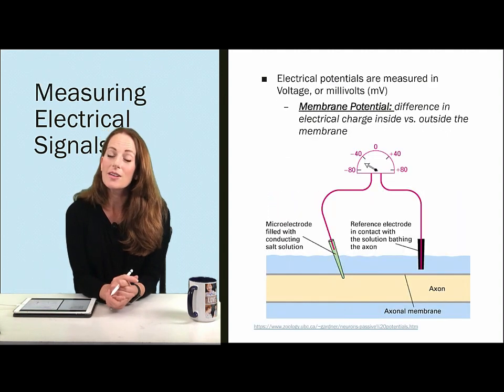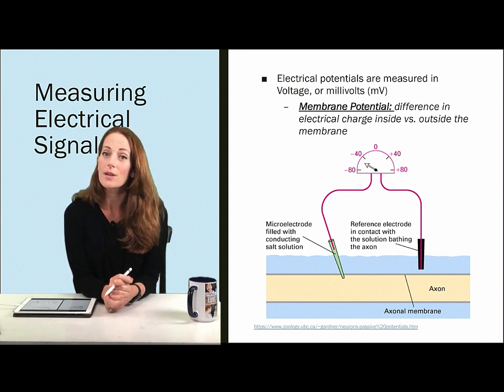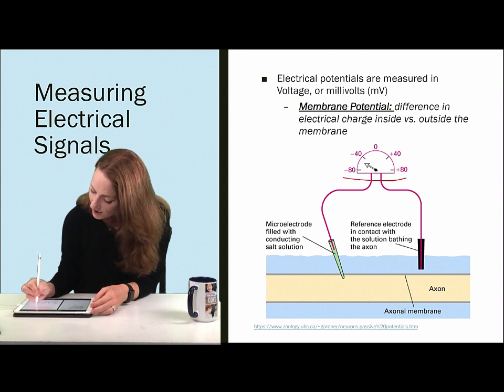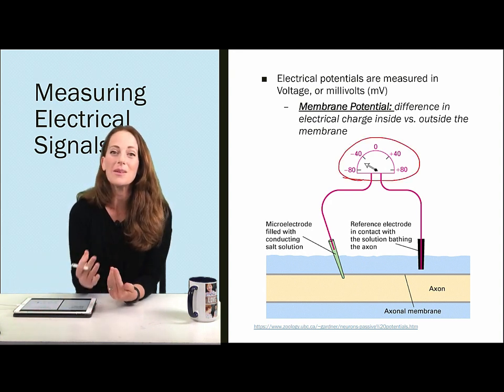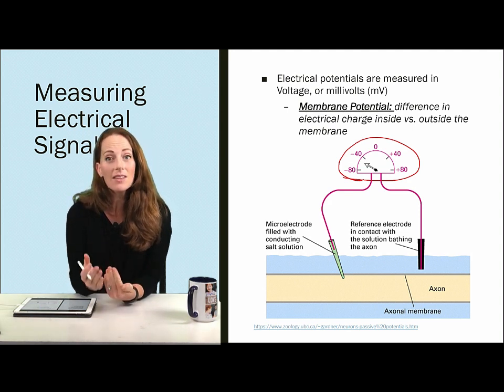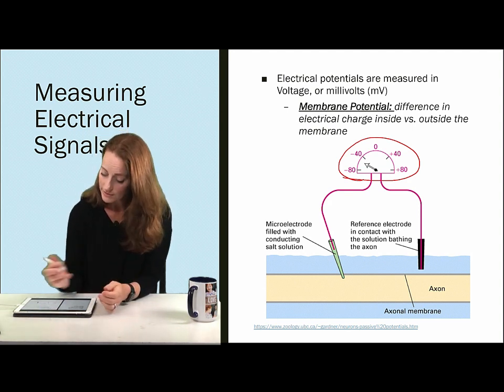When we measure electrical potentials, we're measuring them in electrical units of voltage. Because we're looking at very tiny cells within the body, we'll be looking at 1/1000th of a volt, or millivolt units. The way that we do these experiments is that we have a voltmeter, or a meter that's going to measure the changes in voltage, and we have at least 2 electrodes.